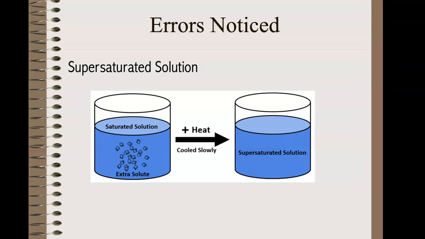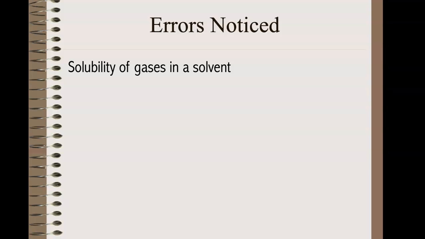And it can because, like I said, it's very unstable. So simply by jostling it around, or if I were to put one more little tiny piece of solute in there, that would likely cause precipitation in that solution.